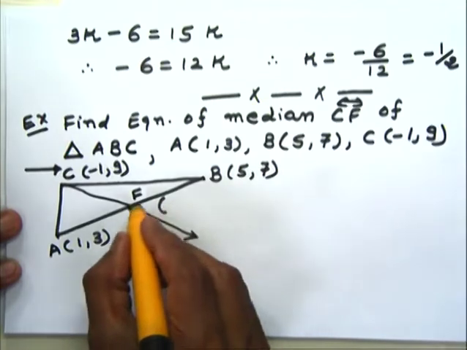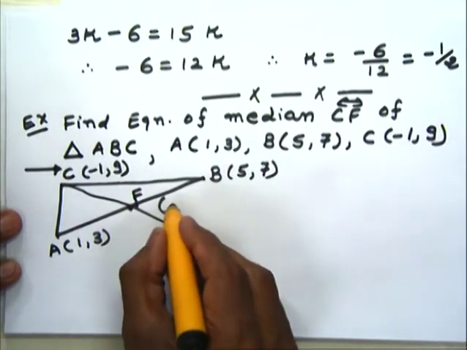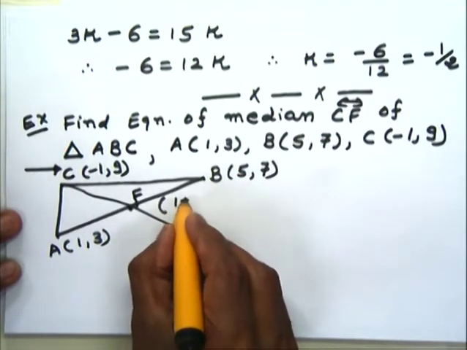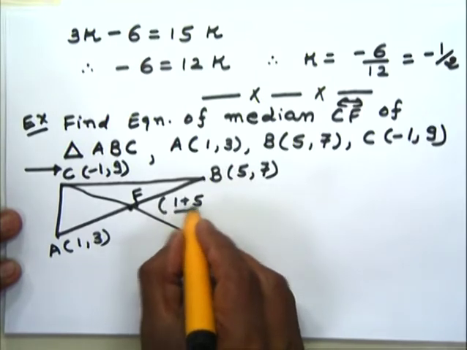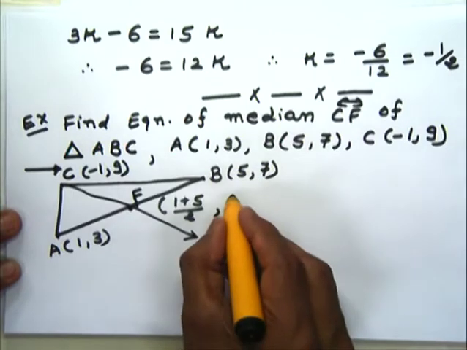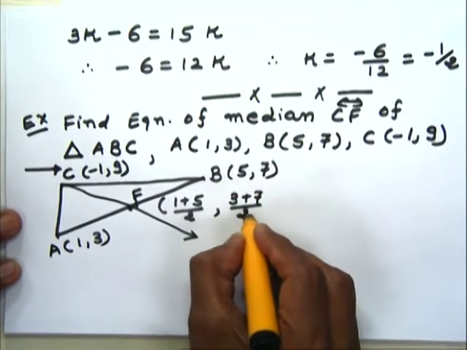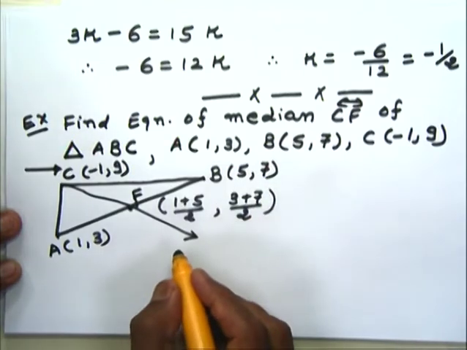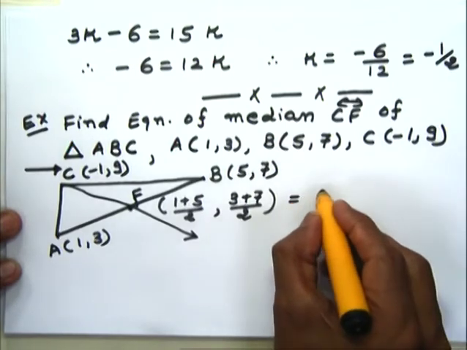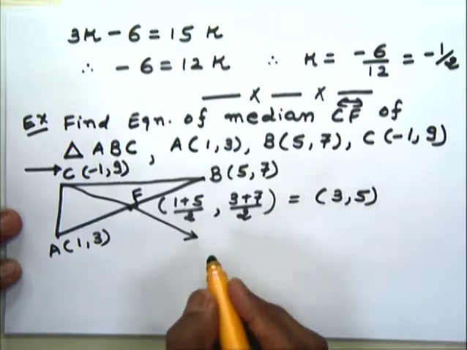That is, the coordinates of this point F are 1 plus 5 by 2, 3 plus 7 by 2, that is 6 by 2, 10 by 2, that is 3, 5.